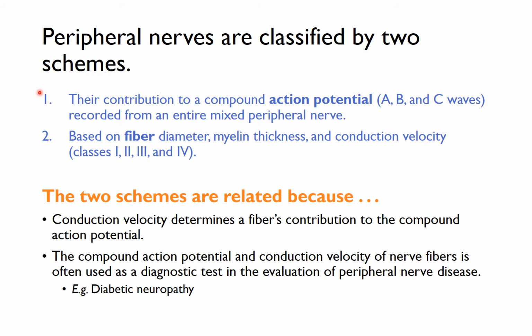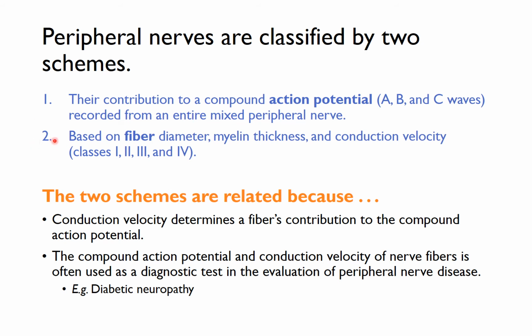These are essentially the waves of the electrical conduction. And that would be recorded by taking electrophysiologic measurements from the entire peripheral nerve. And these are named according to letters, either A, B, or C fibers.